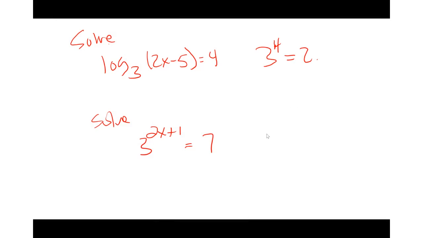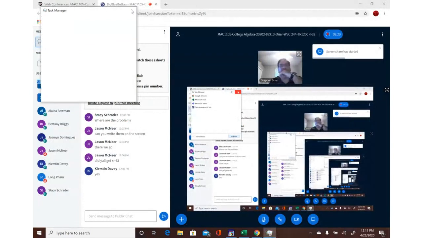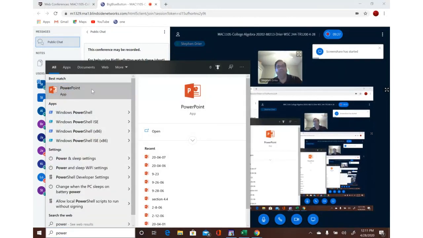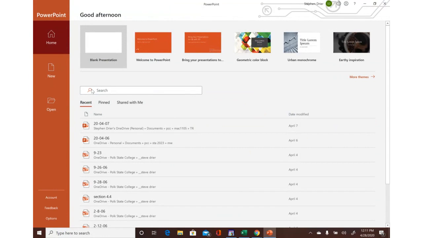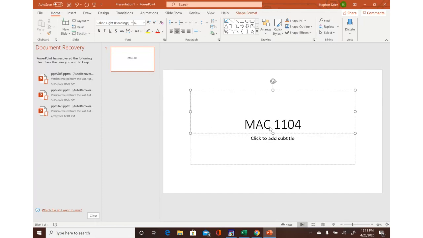3 to the 4th equals 2x minus 5. Everybody still see this?